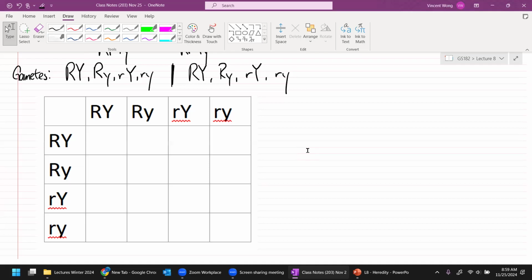The big R, big R, and big Y, big Y. Okay, so big R, big R, and big Y. One, one, two, big R, big Y, big R, small Y, small R, big Y.